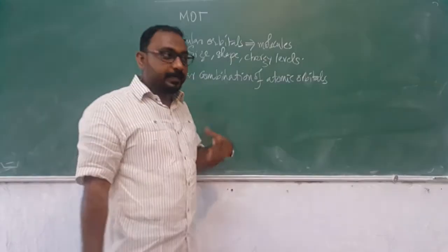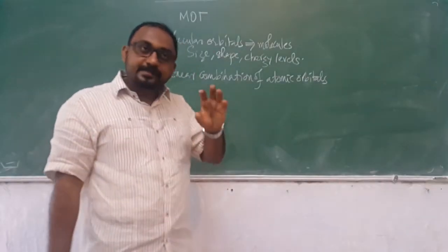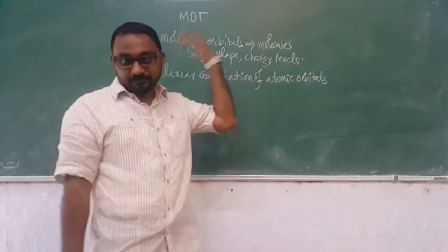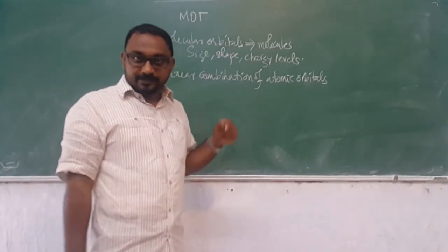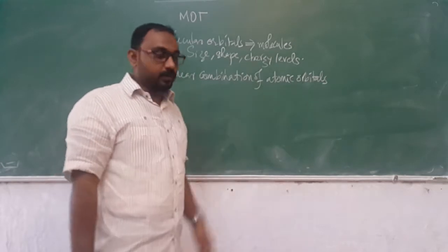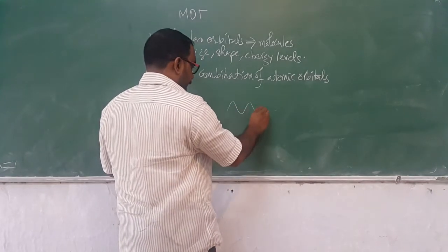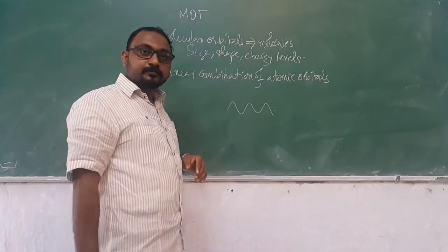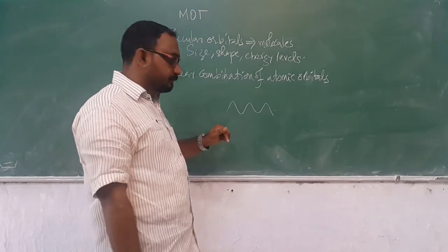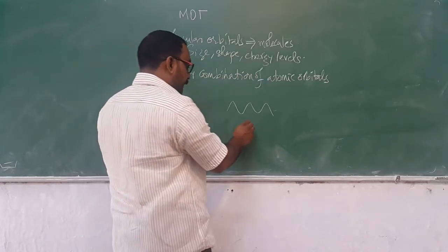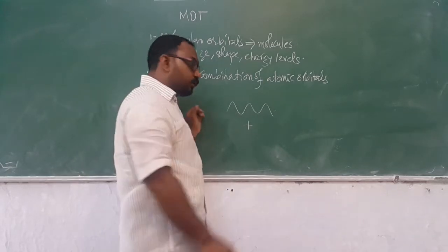Actually, an atomic orbital is nothing but a wave, as we have learned with de Broglie and all those things. And if you take two waves, they could be in phase or out of phase.